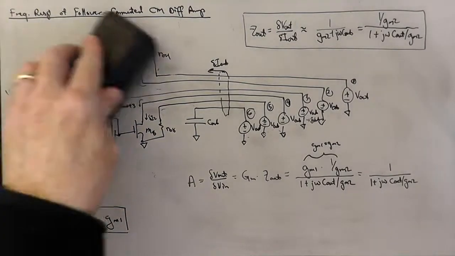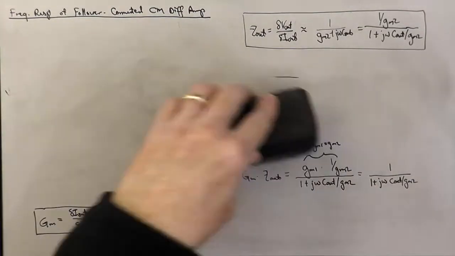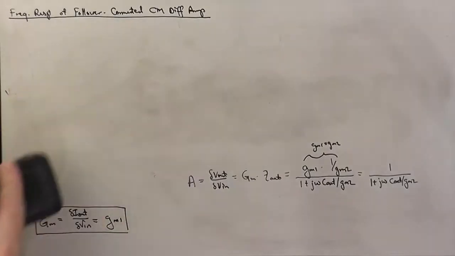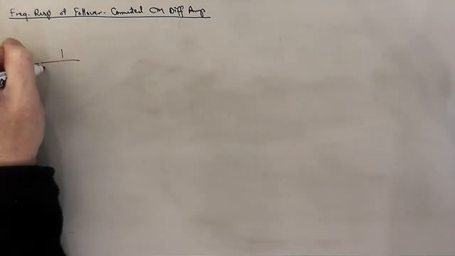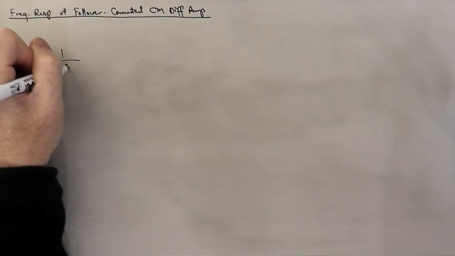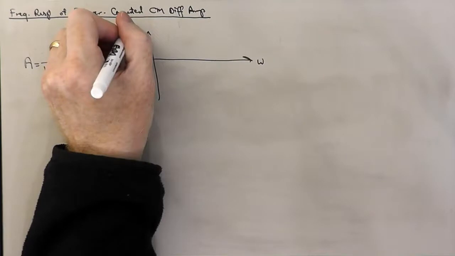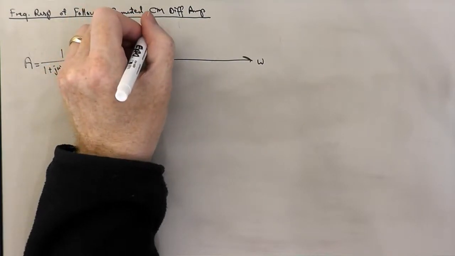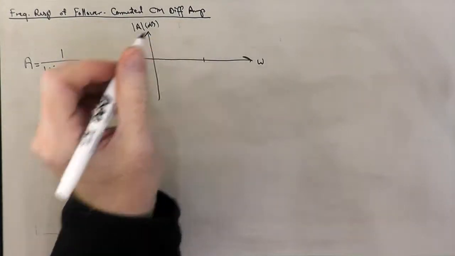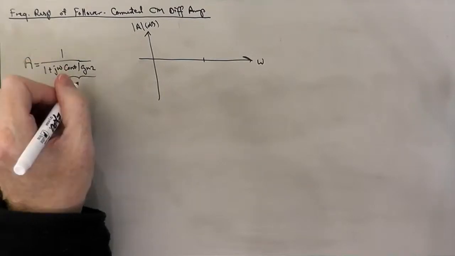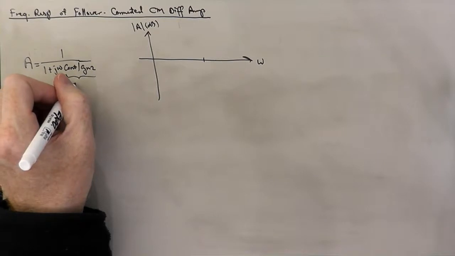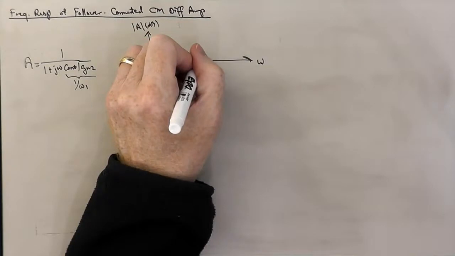So if we were to sketch that, if A is equal to 1 over 1 plus j omega C out over GM2, magnitude, so if we call this omega 1.